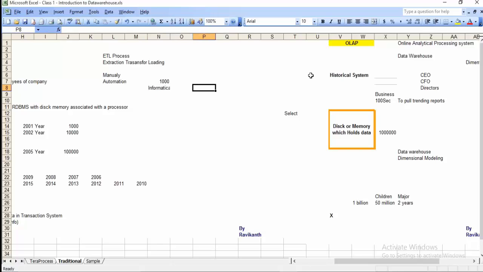Informatica alone captures around 25 to 30% of the existing market, and the rest of the tools, 999 tools, cover around 60%. So that's the demand we have for Informatica in the current market.